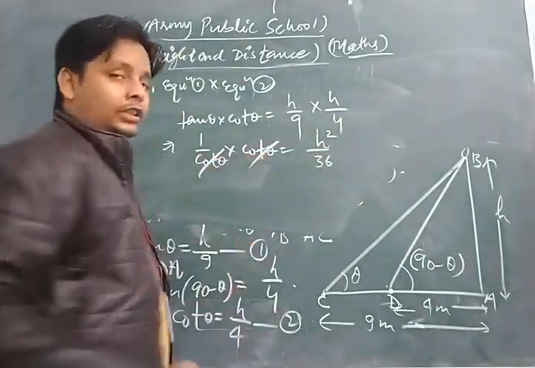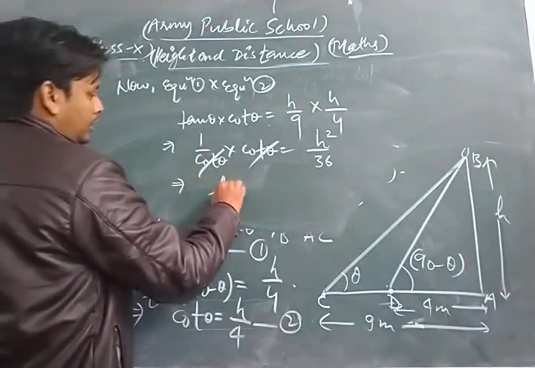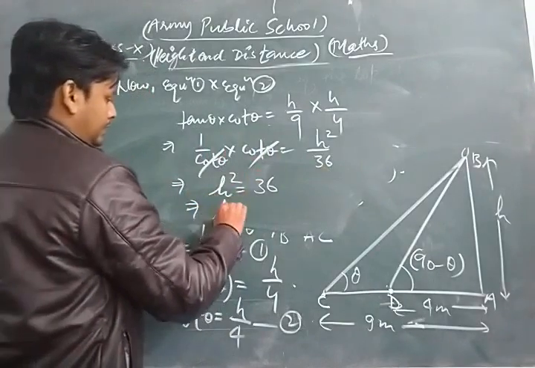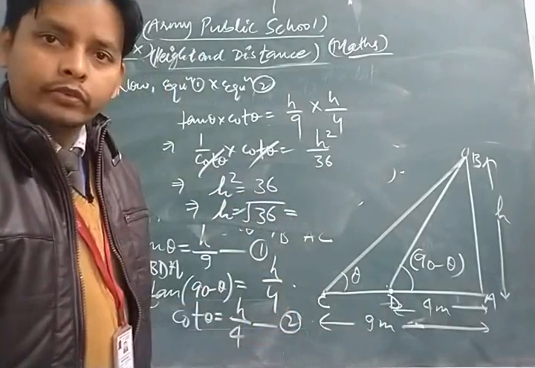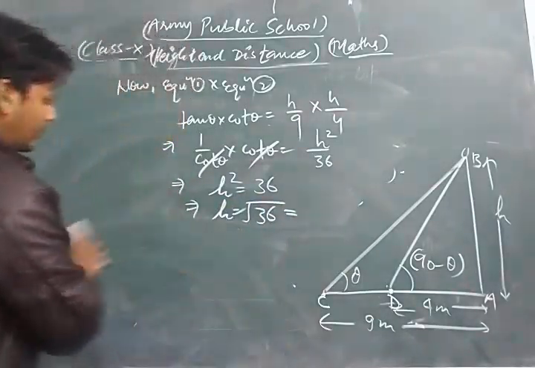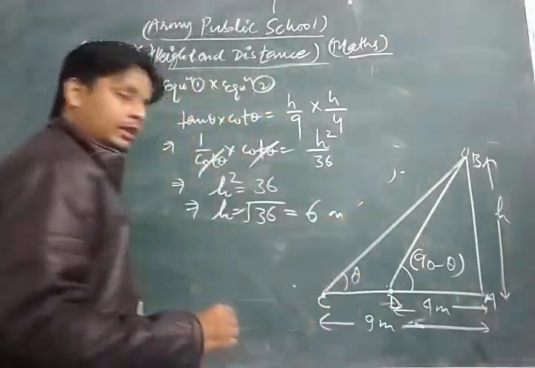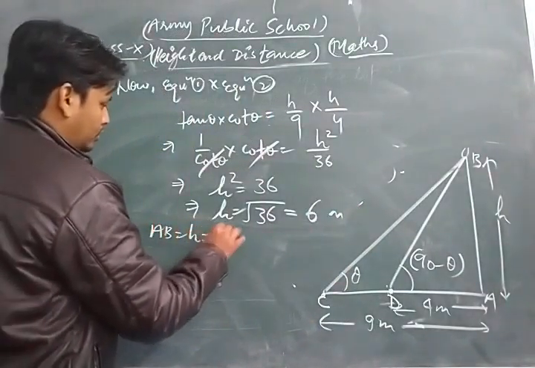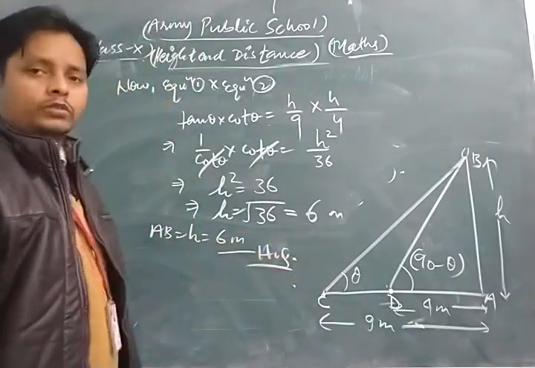Now cot theta cancels out. So from there, dear students, H square is equal to 36 ones are 36. So H is equal to under root 36, and you know that the square root of 36 is 6. So this is 6 meter. Thus, the height of the tower AB is equal to H is equal to 6 meter.